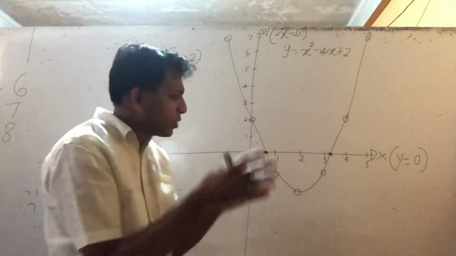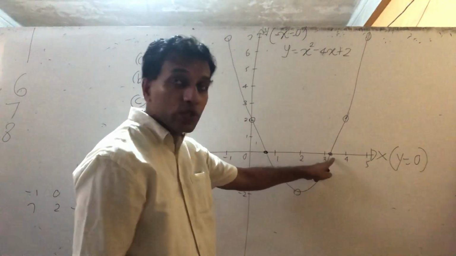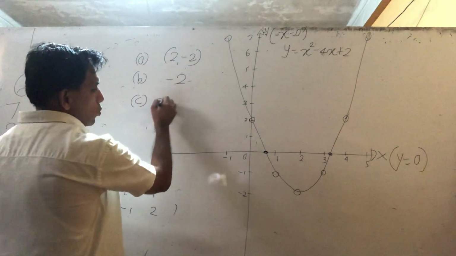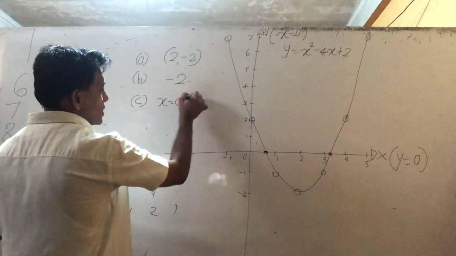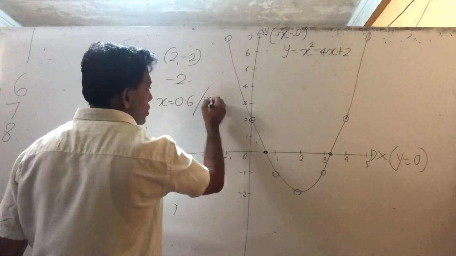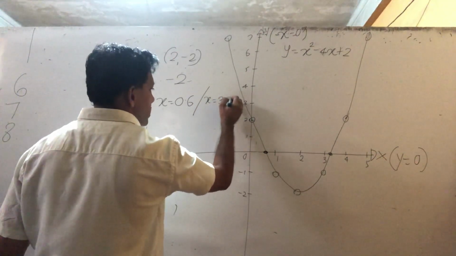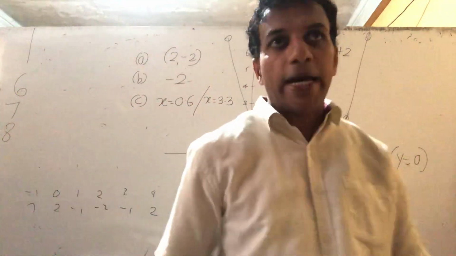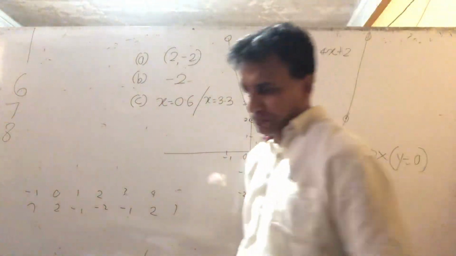If you draw properly, you can see these two values. Roughly, x equals 0.6, and the other value is x equals 3.3. If you draw properly on the graph sheet, that is the meaning of that question.